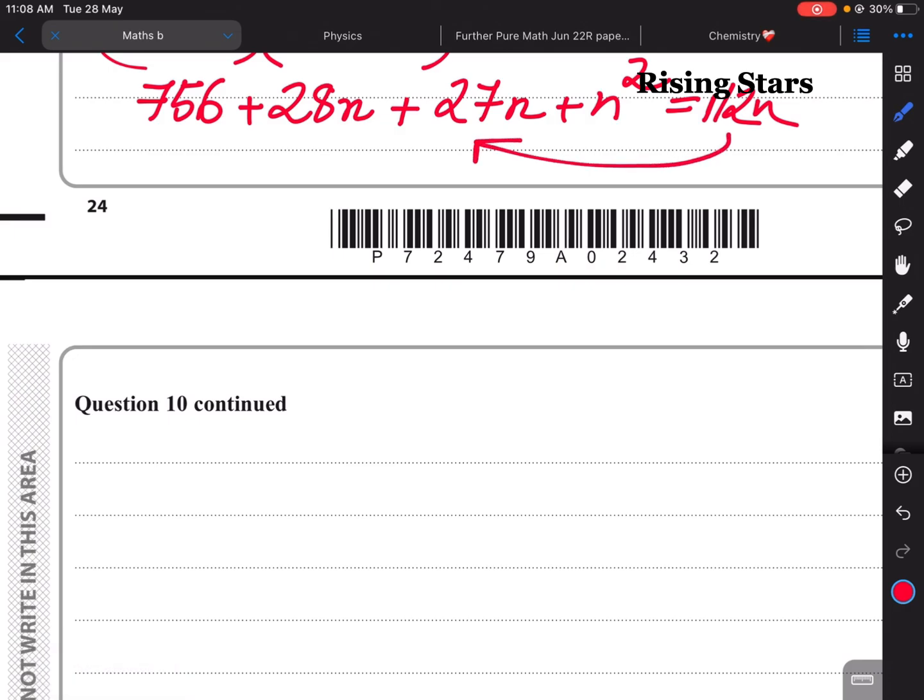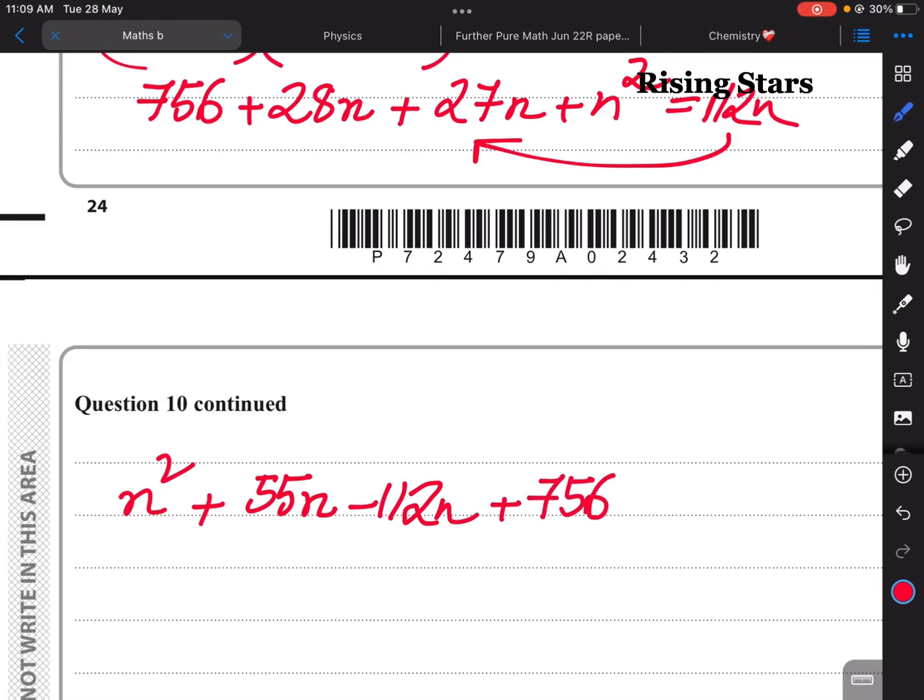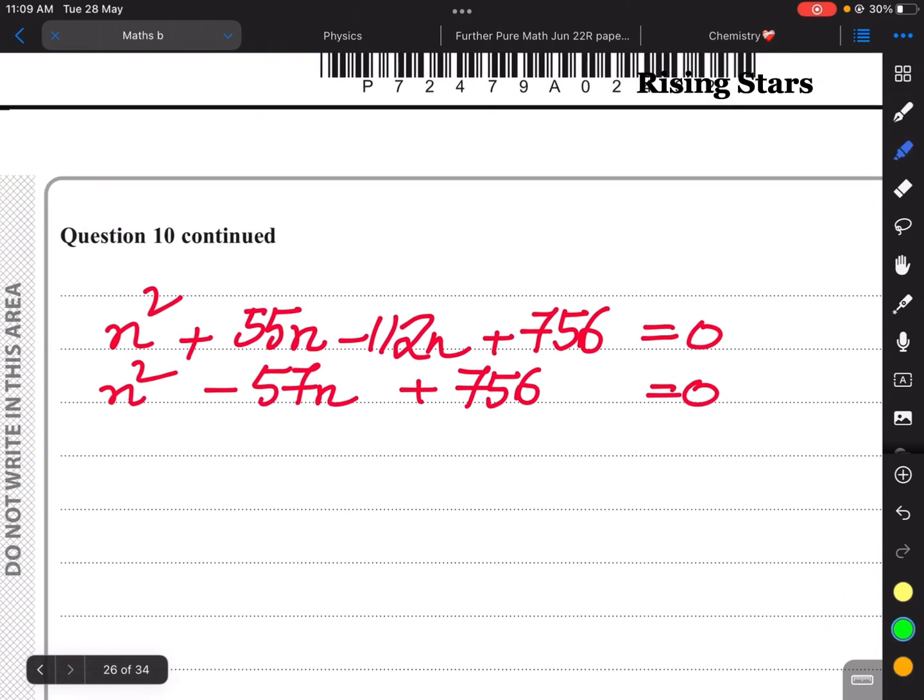So ultimately, let's rearrange and write it down: n square plus 28 plus 27, which is actually 55, I guess, 55n, minus 112n, minus 57n, plus 756 equals 0. Okay, this is the final outcome and we have a quadratic equation.